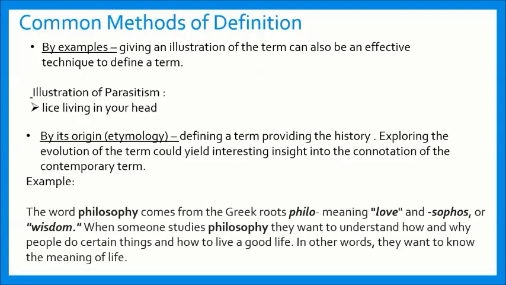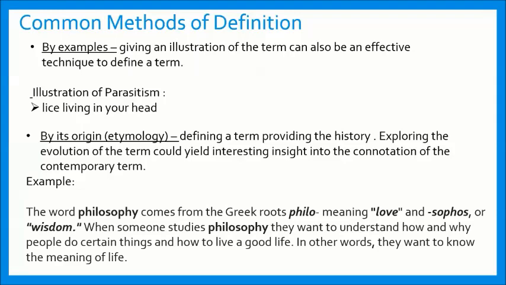For instance, the term philosophy. It came from the Greek roots philo and sophos. So the term philosophy is from philosophos, which means love for wisdom. And that is the definition that we are using now in defining philosophy. If you're familiar with that.